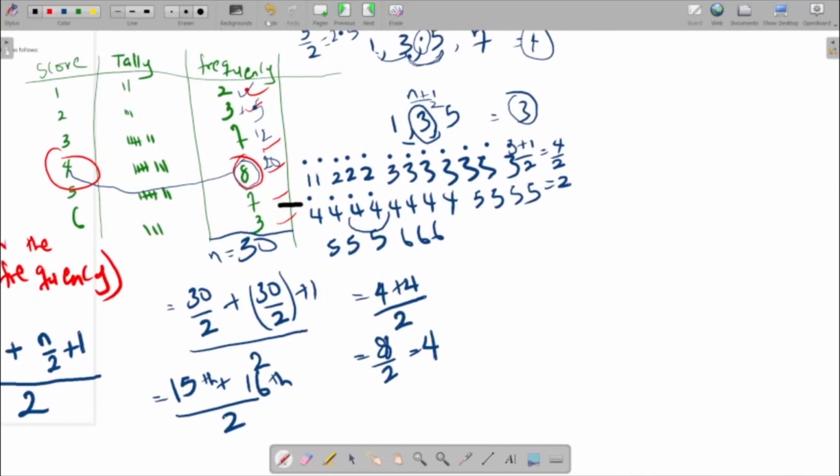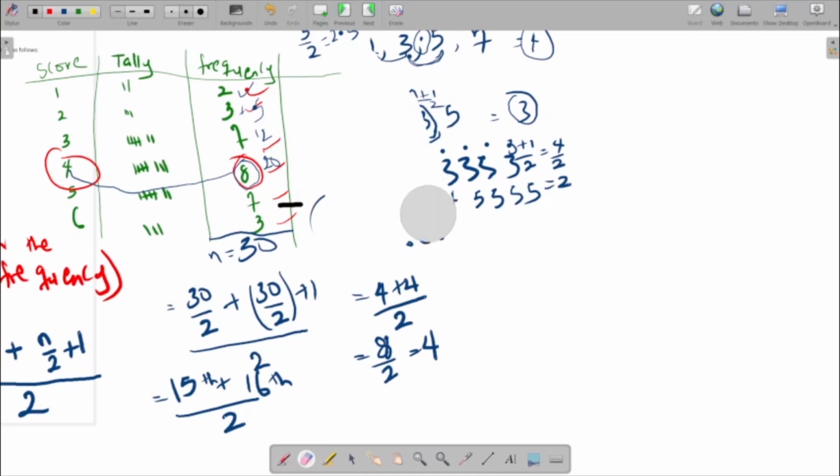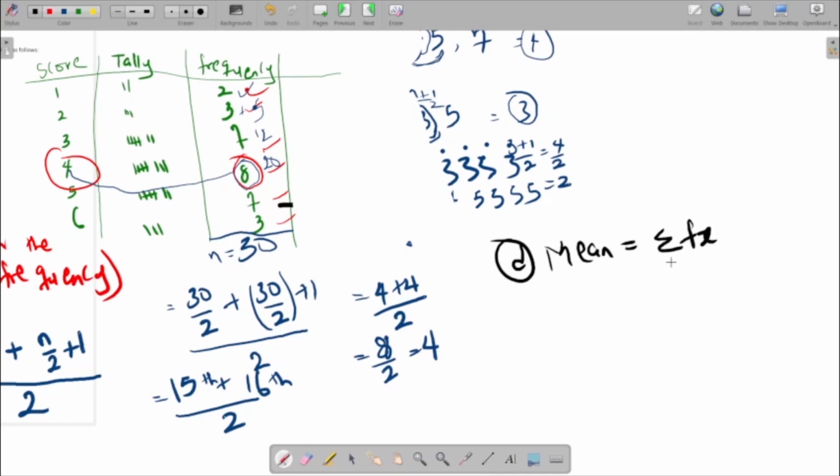If you have to calculate our mean, use this formula: summation of fx over summation of f.